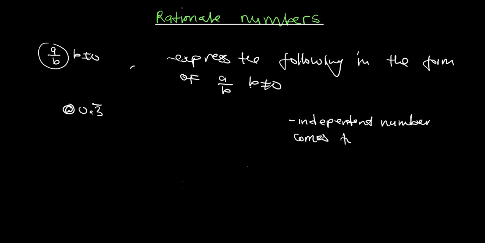So this proves that it contradicts our statement that they don't have common factors, hence it's irrational. So √3 is irrational. So that is it.